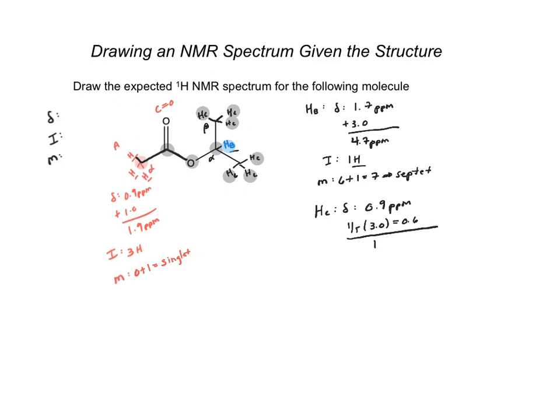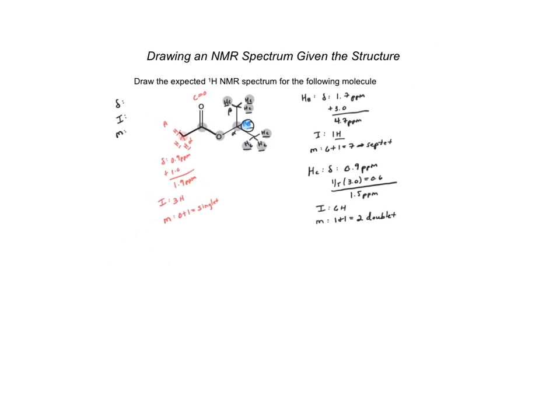We add those together, and we get 1.5 parts per million. For integration, there are 6 of them, so there'll be 6 protons. For multiplicity, they're all equivalent to one another, so they're not going to split each other. They're only going to be split by HB, so we have 1 plus 1. This is that characteristic doublet that has an integral of 6.